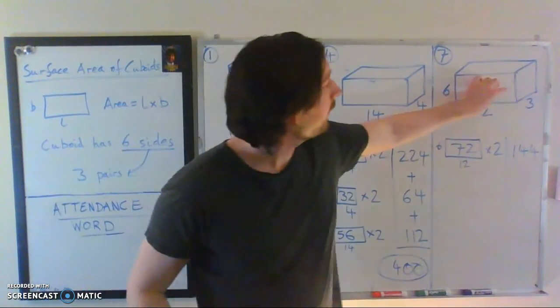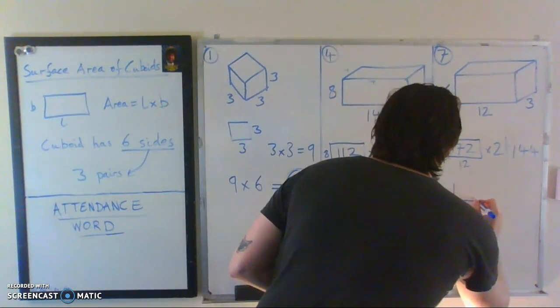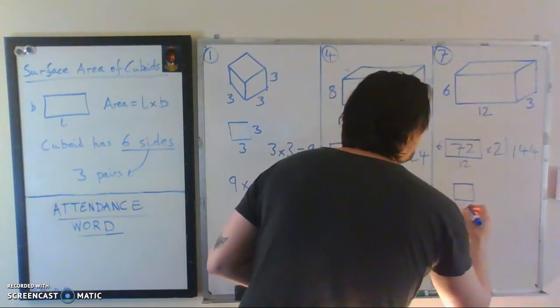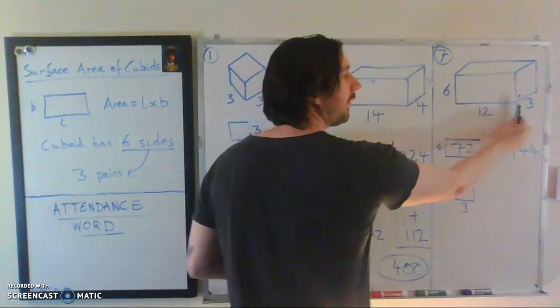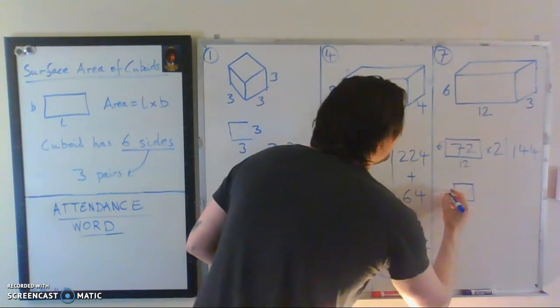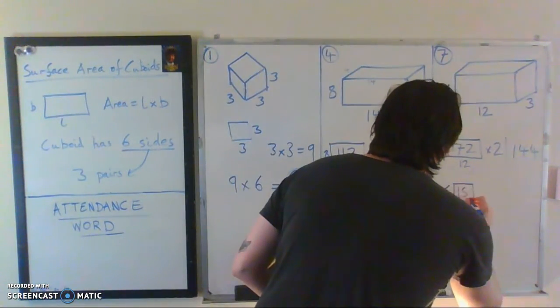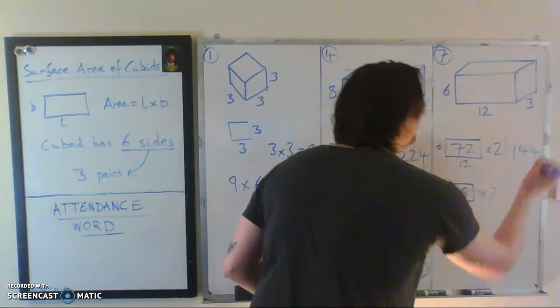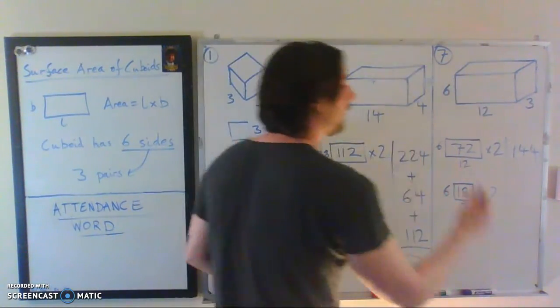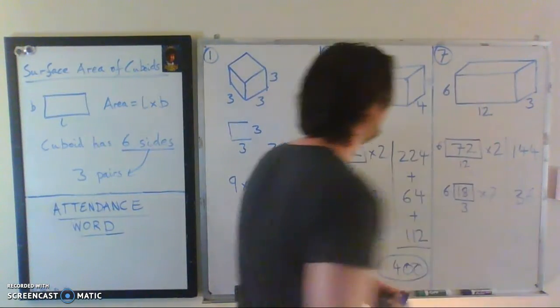So I've done the front piece. Let's do the side piece. 3 on the bottom. How much on the side? Well, if you look for the parallel, you can see it's 6. 6 times 3 is 18. And there's 2 of those. There's a piece there, there'll be a piece you can't see over there. 18 times 2, 36.